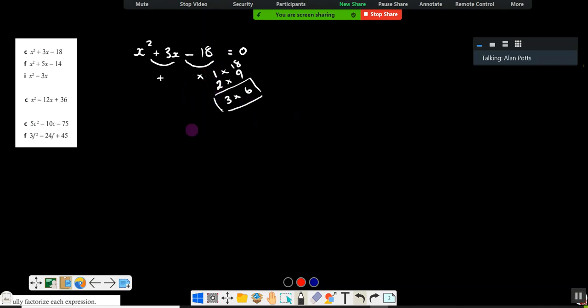But which one should be negative? One of them must be negative because this is negative. If I add them together and I end up with positive, the smaller one must be the negative. So that gives me my brackets as x subtract 3 and x plus 6.